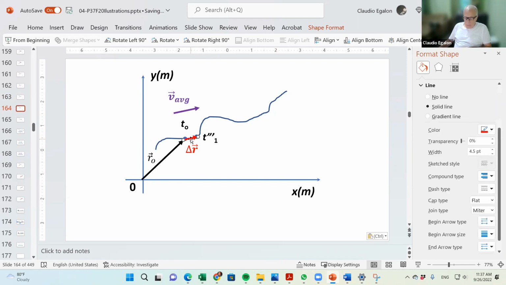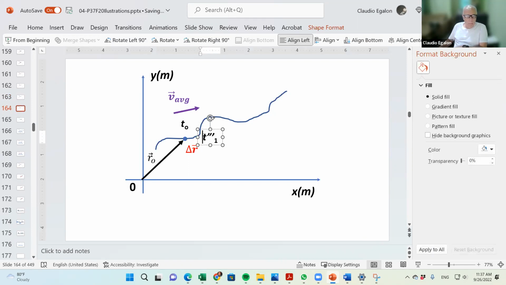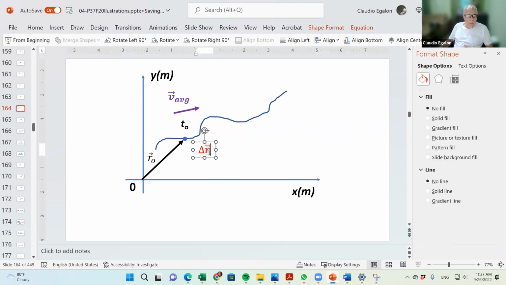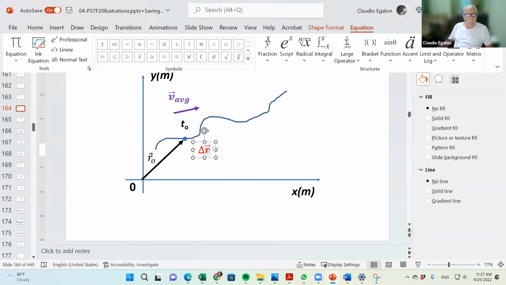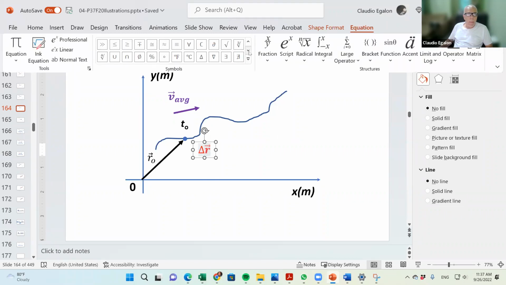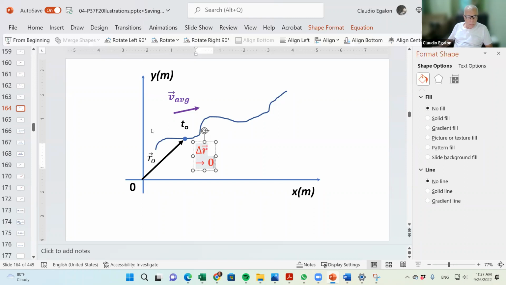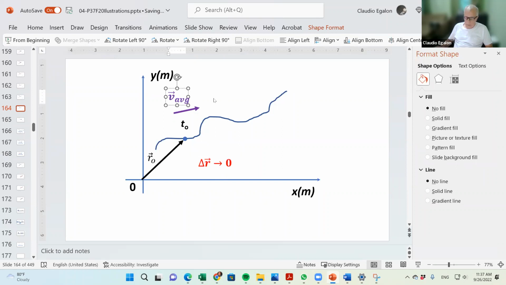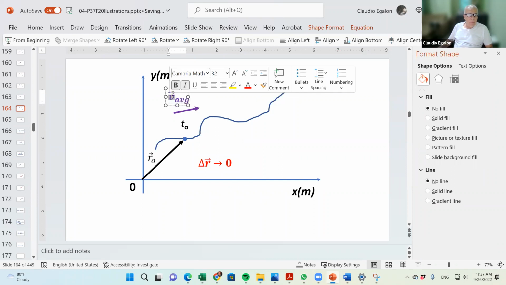When delta R becomes 0, in the limit of delta r going to 0, this average velocity becomes instantaneous velocity.